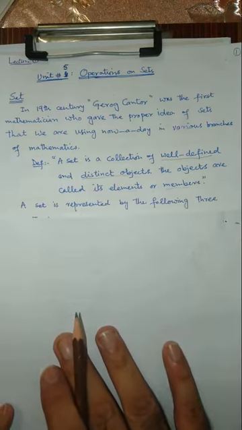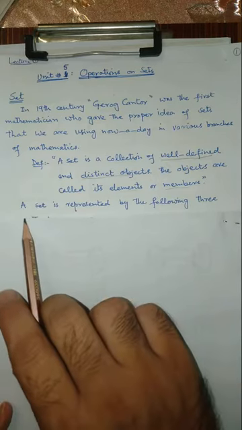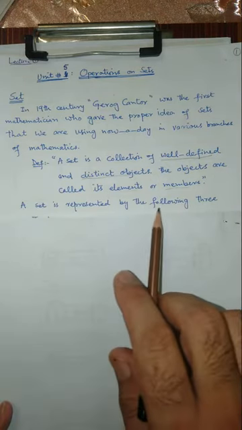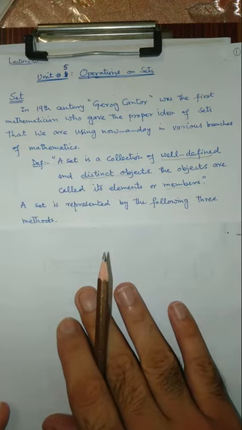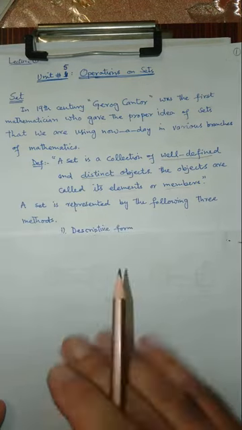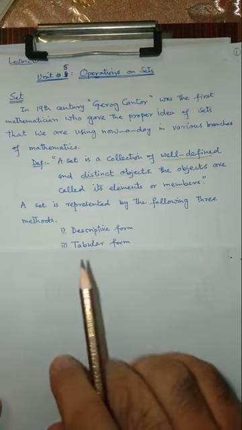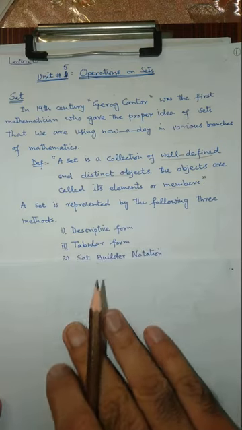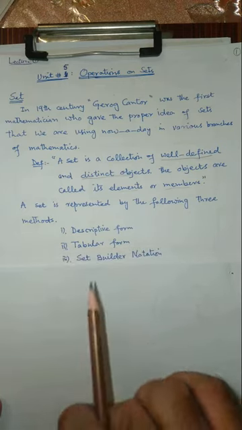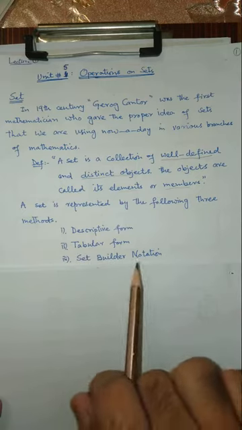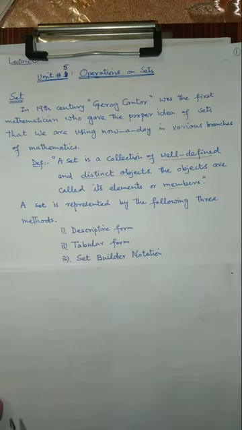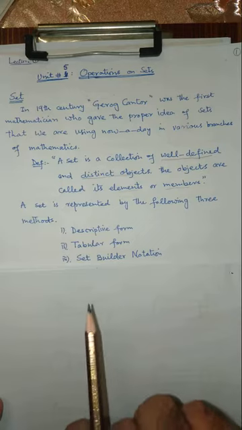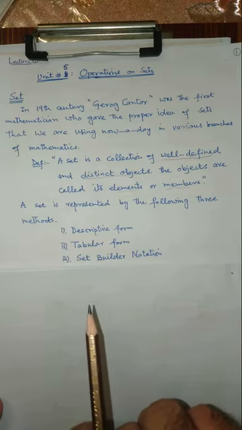Remember, students, a set is represented by the following three methods which we already studied in the junior classes: descriptive method, set builder notation, and tabular form. These three methods are used to represent a set.